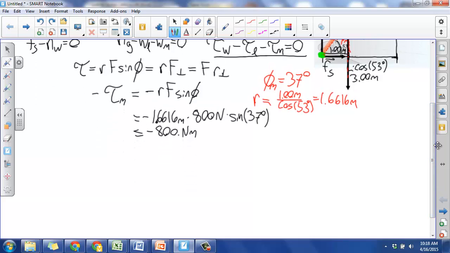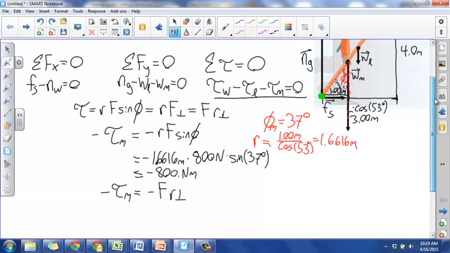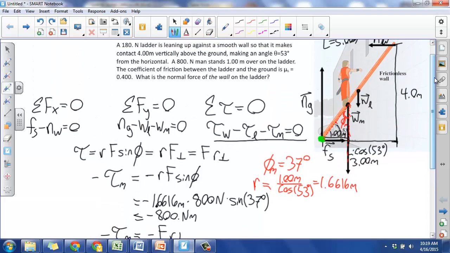Because let's calculate this the other way. Let's calculate this with negative torque of the man is equal to negative R F times R perpendicular. What is R perpendicular? Let's go back up to our picture. R perpendicular is what you get if you follow along the force until you are perpendicularly across from the pivot point, and then you go across.